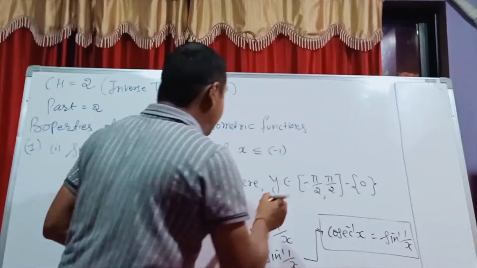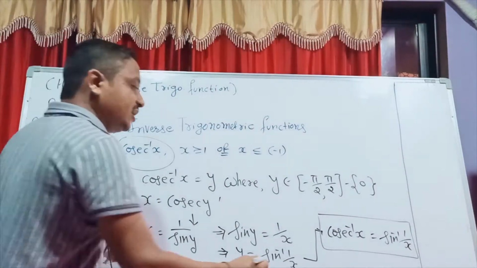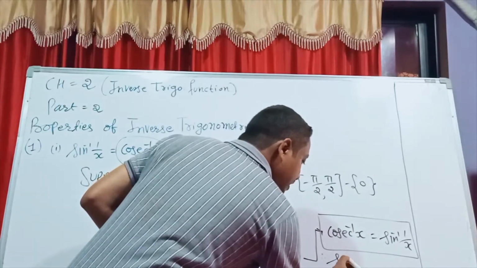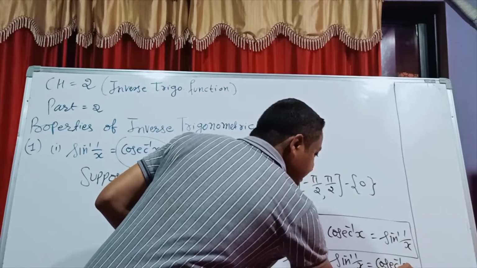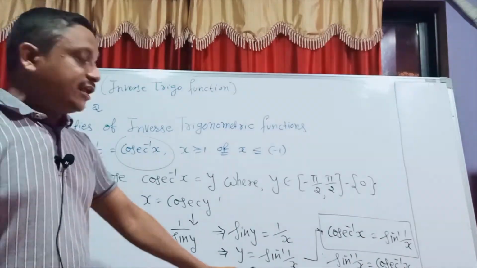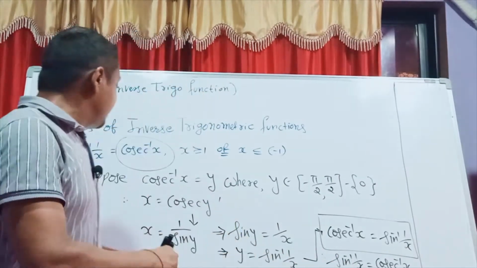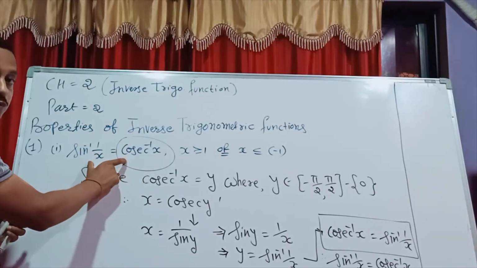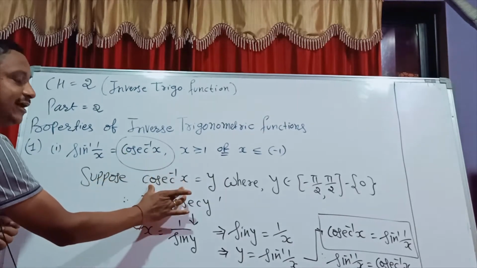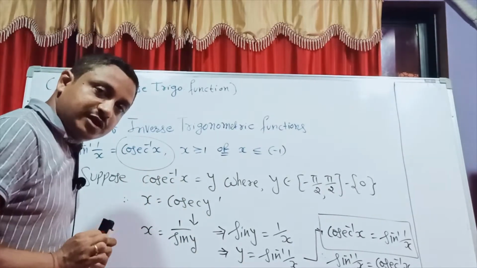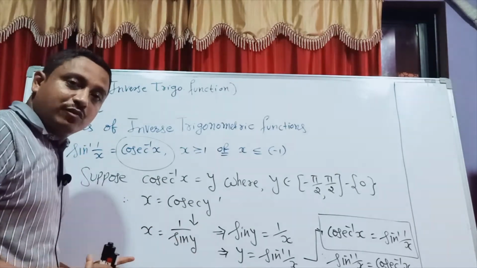Our target is done here. I rearrange: sine inverse 1 upon x is equal to cosec inverse x, and that's my final result. Once more: suppose y, x is equal to cosec y, the reciprocal of sine y is cosec y, 1 upon sine y.